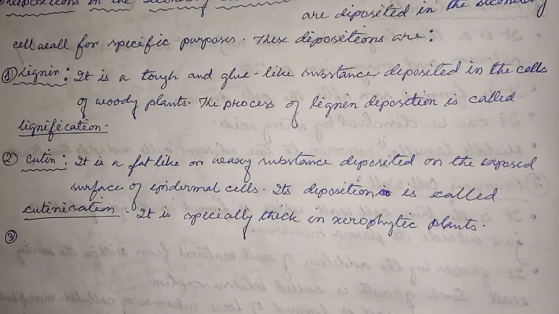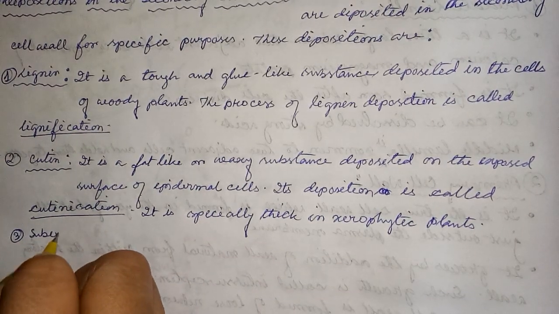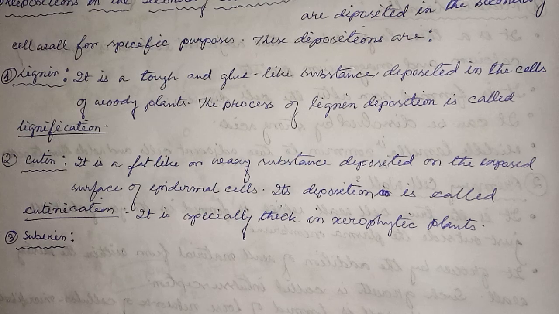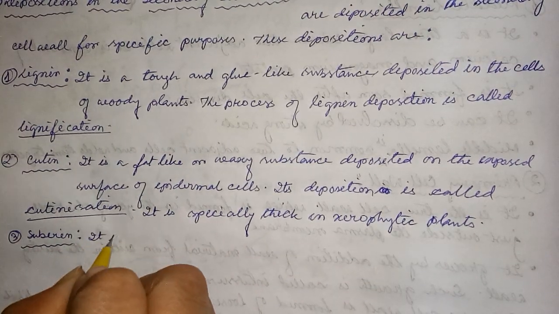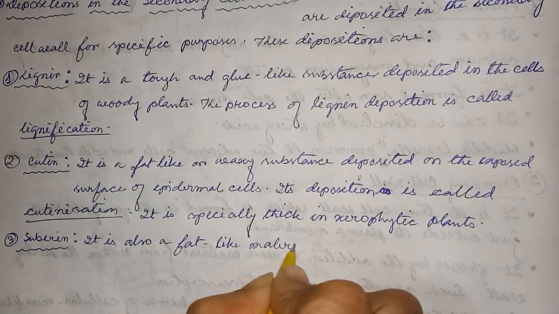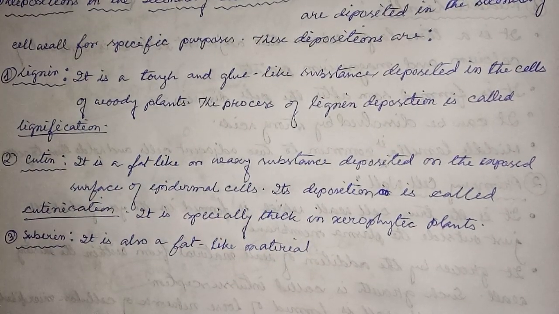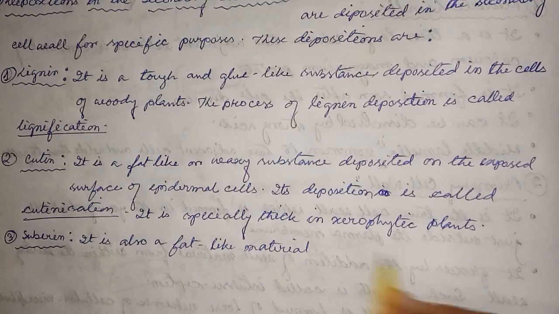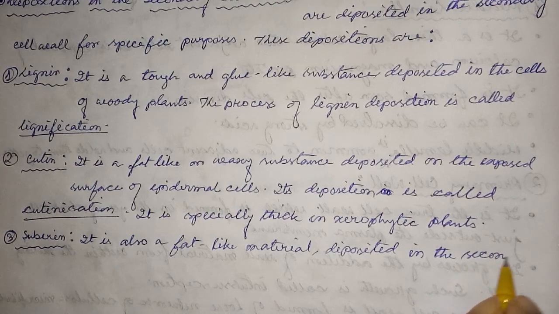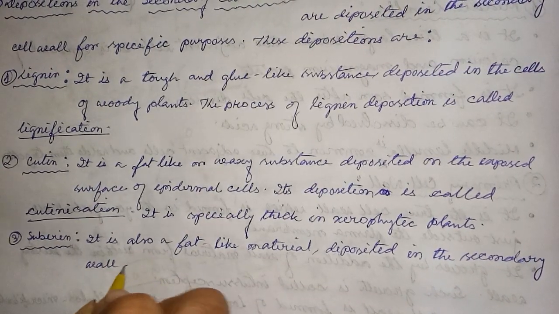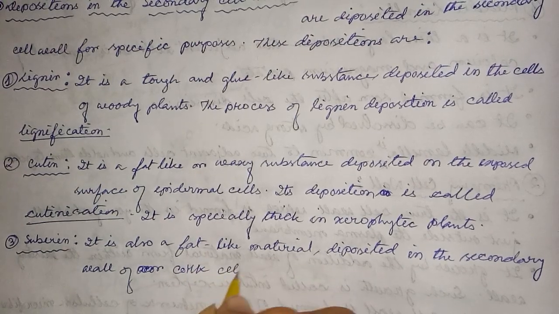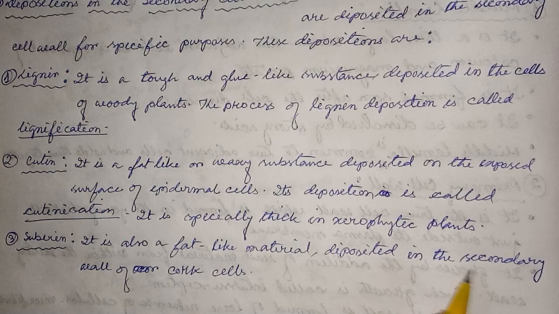Now next, suberin. It is also a fat-like material deposited in the secondary wall of cork cells.